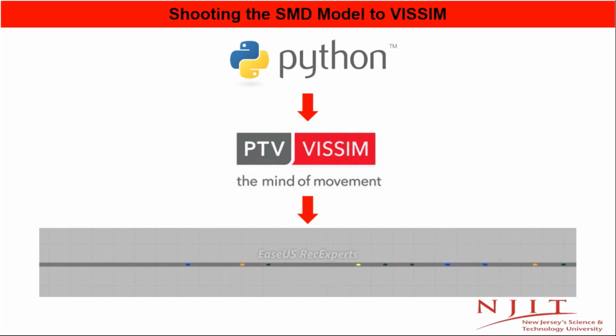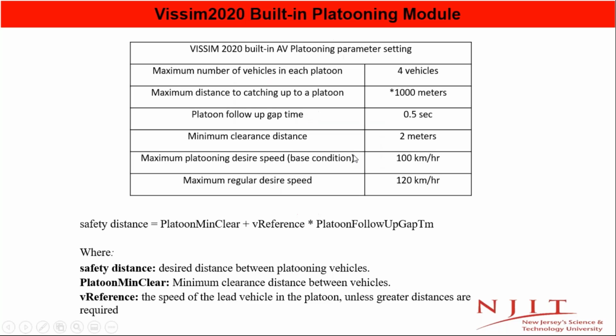The orange vehicles are leading platoon vehicles which are in communication range with other vehicles. Green vehicles are following platooning vehicles, and yellow vehicles are leading platooning vehicles which are not in communication range with the vehicles in front of them.